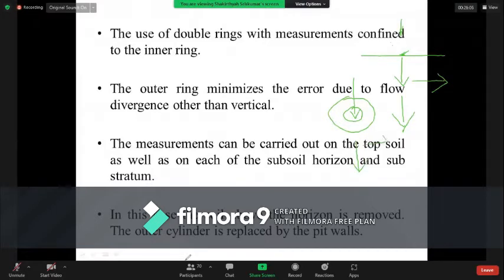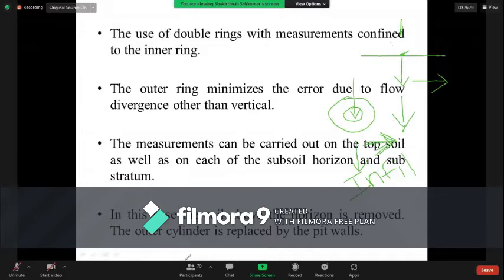So what is the purpose of doing this experiment? We need to measure the infiltration. So if the water moves away as seepage, it's an error in your reading. So we need to avoid these types of movement other than vertical.